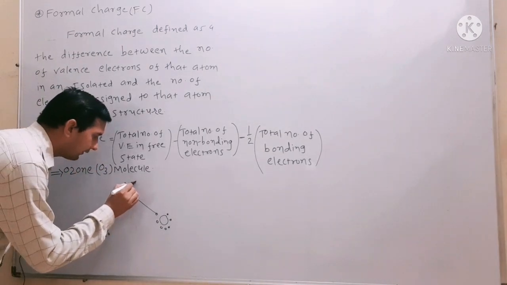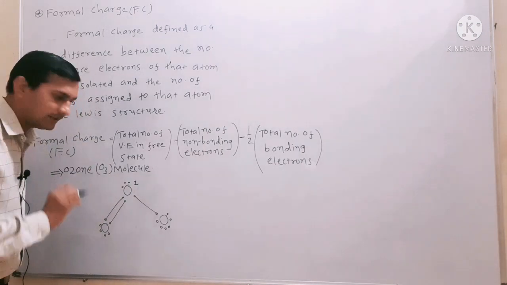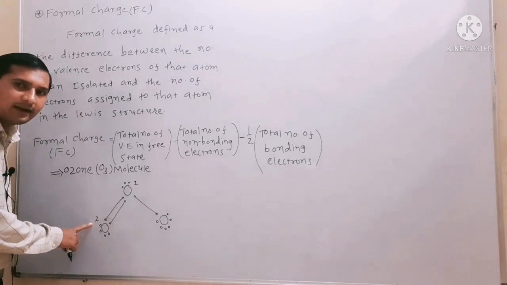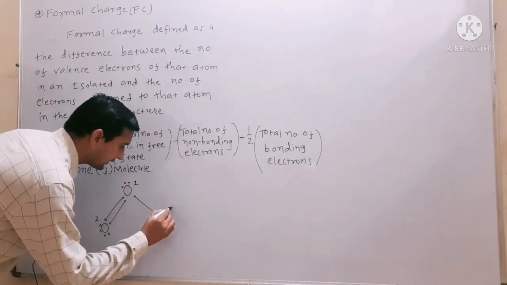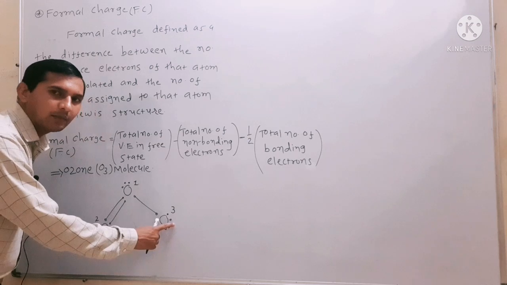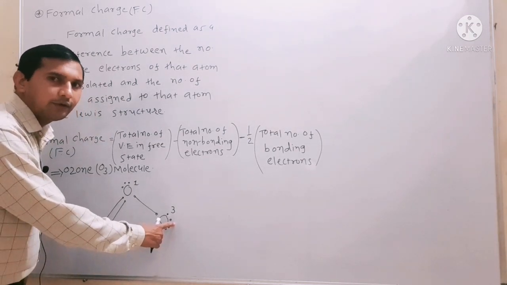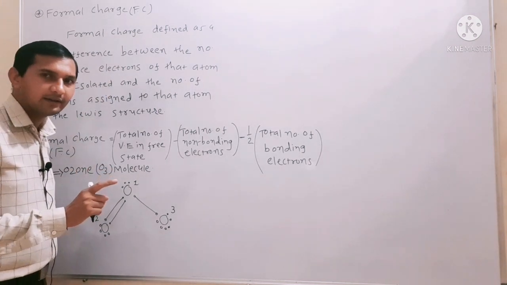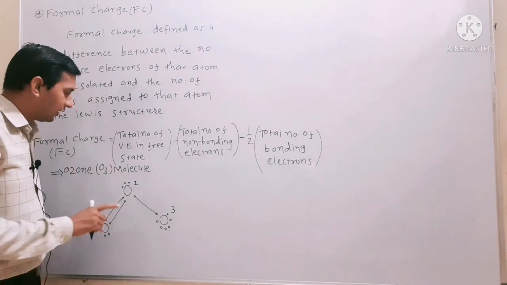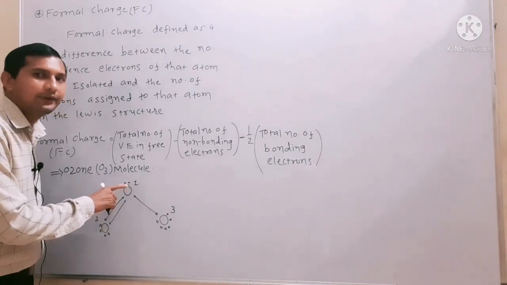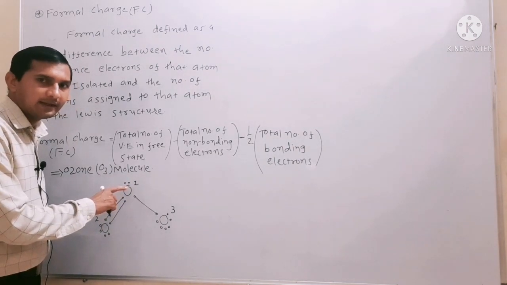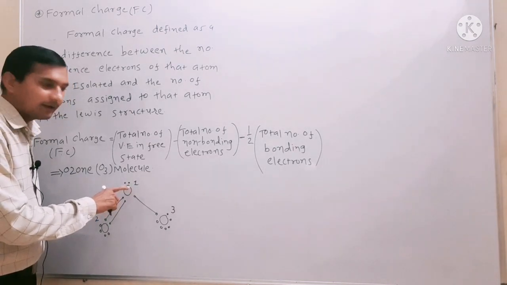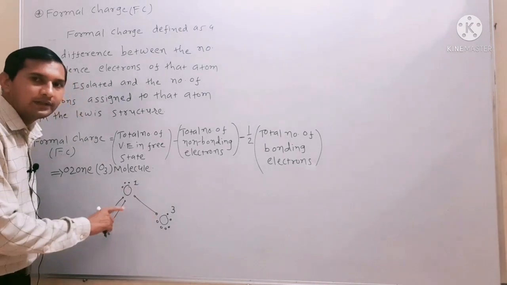For understanding, we mark 1 for one oxygen. This is the second oxygen, so we mark here 2. Here we mark 3, so this is the third oxygen. We calculate formal charge. What is formal charge? Formal charge is the difference between the total number of valence electrons in free or isolated state and the number of electrons of the atom found in the Lewis structure.